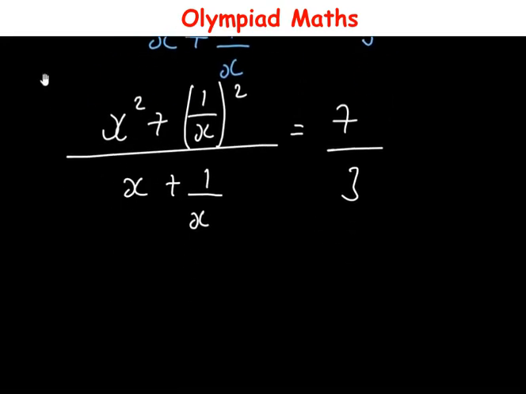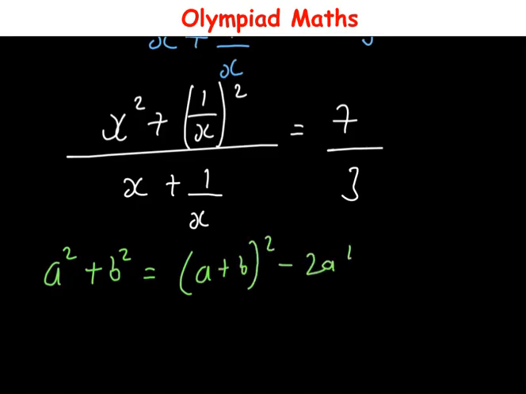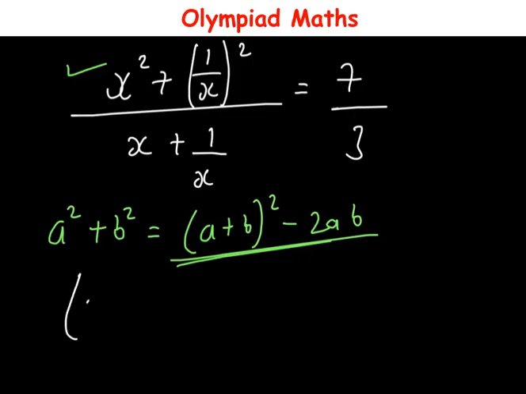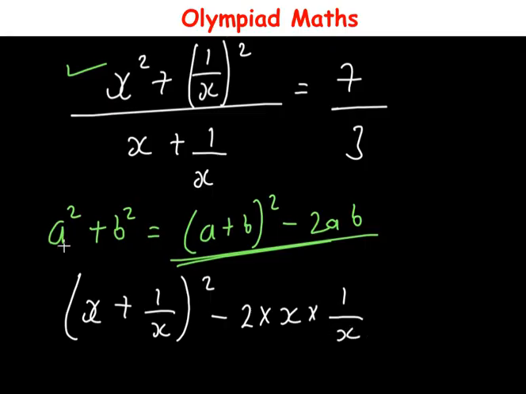So with this, following the identity that a^2 + b^2 equals (a + b)^2 minus 2ab, and applying this to the numerator, what we have is (x + 1/x)^2 minus 2 times x times 1/x.